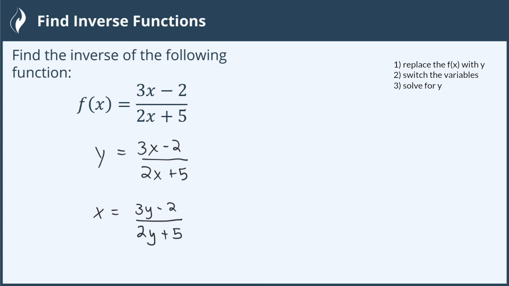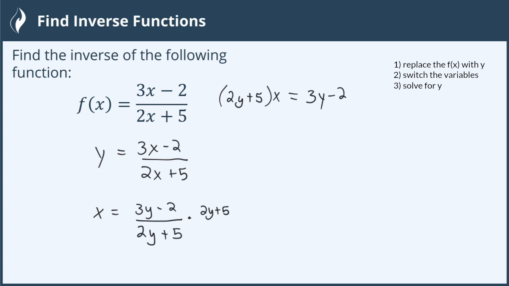Okay, so the first thing I'm going to do is multiply both sides by this 2y plus 5. So we have 2y plus 5 times x equals, on this side, the 3y minus 2.